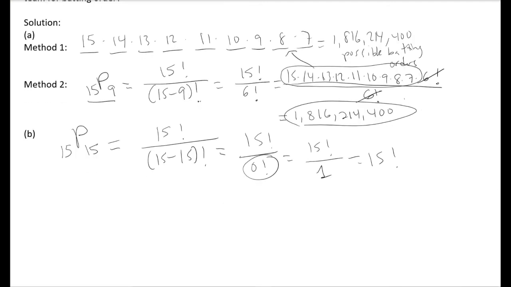And if you use the fundamental counting principle, you would be using the same thing: 15 times 14 times 13 times 12 all the way to 1. So this is the exact same calculation. So in this case, 15 factorial. So we're going to go ahead and calculate that now.